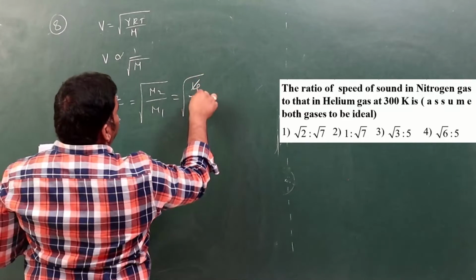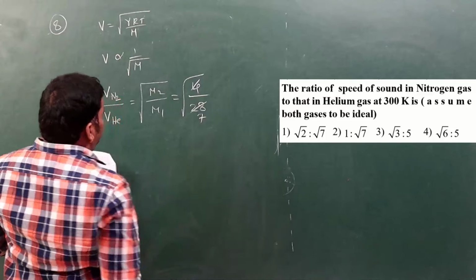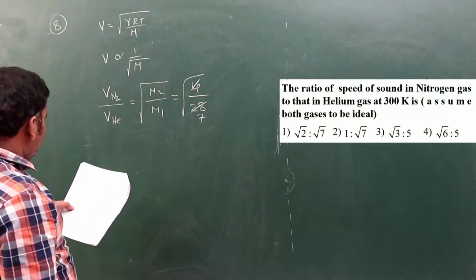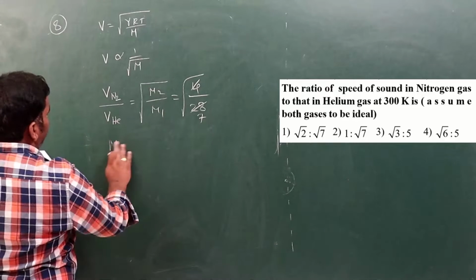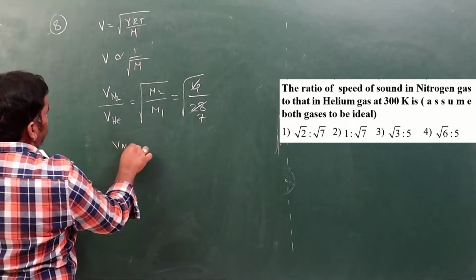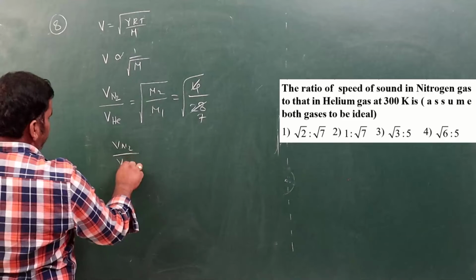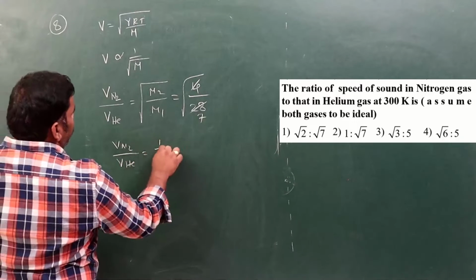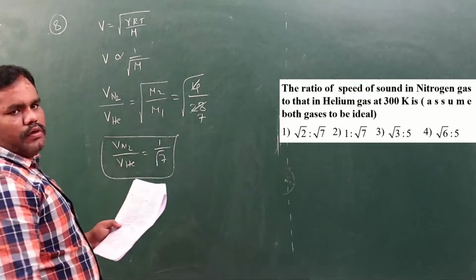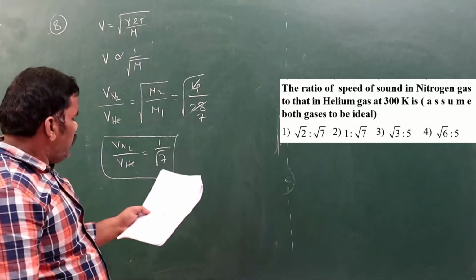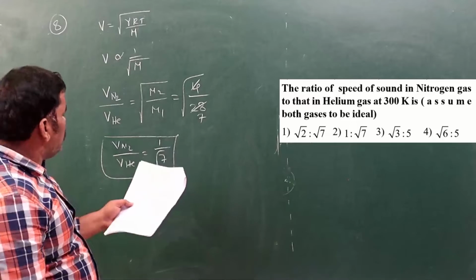So that is 1 by 7 under root, so the speed of nitrogen divided by the speed of helium is 1 by root 7.